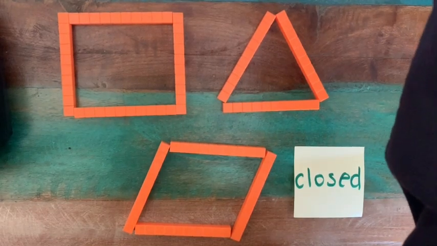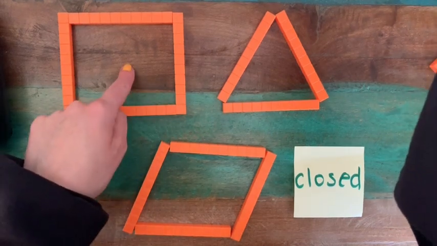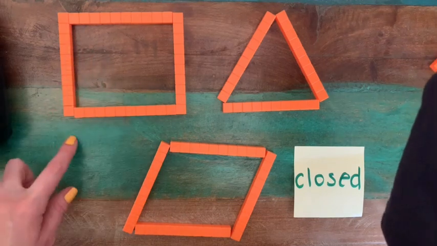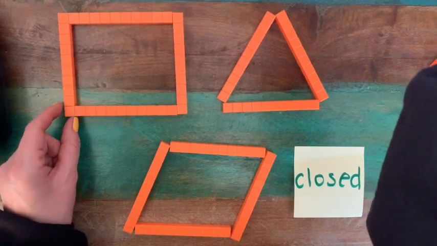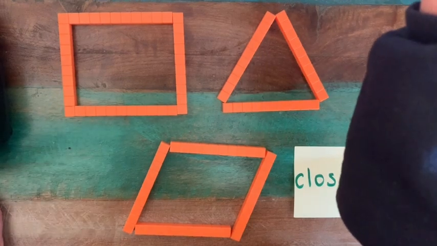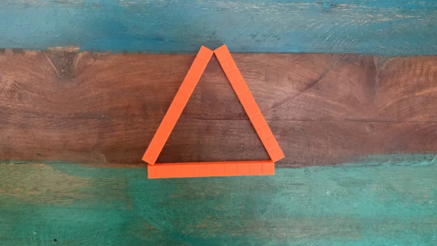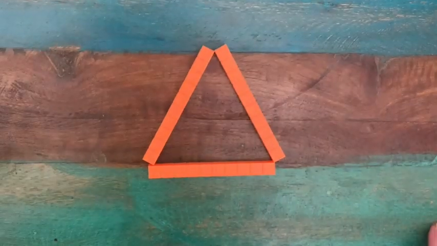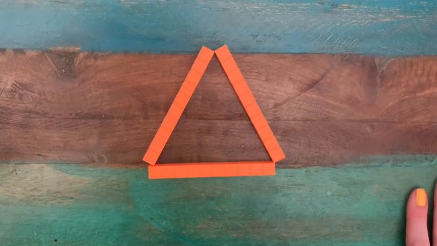A closed shape is just one that has no opening to get out if you are inside the lines. There's an inside and an outside of a closed shape. So all ends of the lines touch another end. For this lesson, we're going to be focusing only on closed shapes. So forget about open shapes for now. We're just thinking about closed shapes like this one right here.